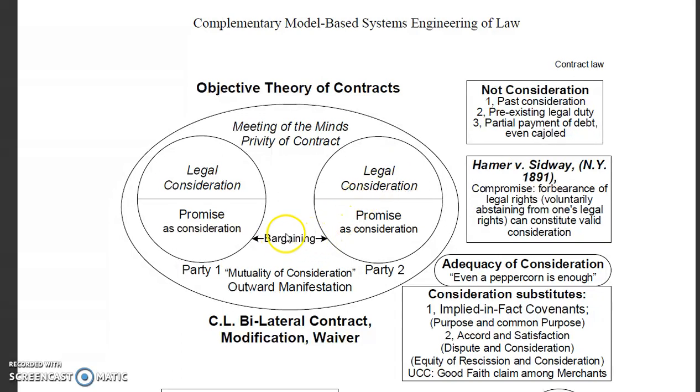Sometimes the element of bargaining is necessary, and the two parties have a meeting of the minds. That is, they have a mental agreement as to what they are contracting for, and then make some outward manifestation that a contract is present and agreed upon by the two parties, and that their consideration is mutually acceptable to both.